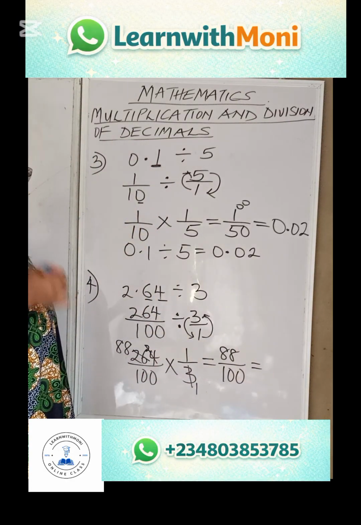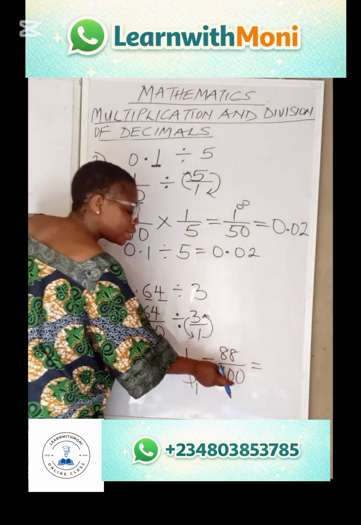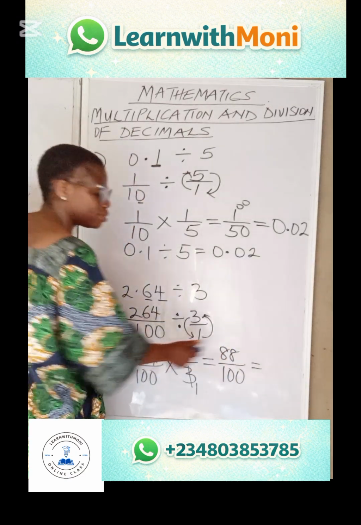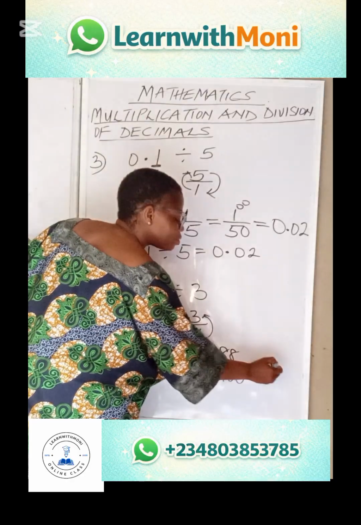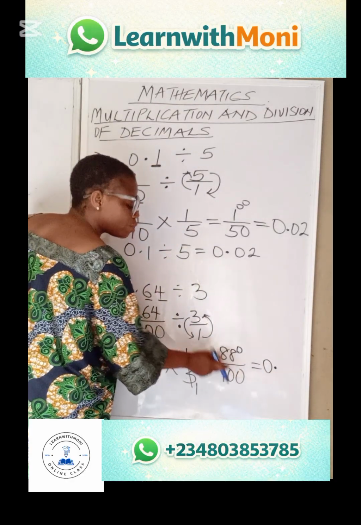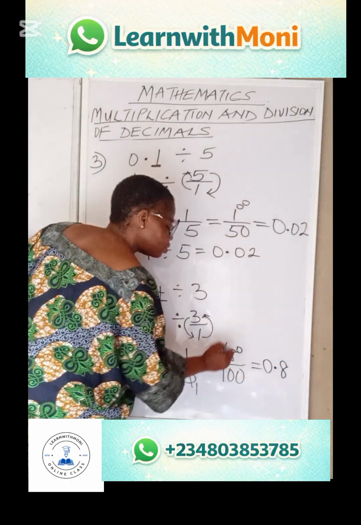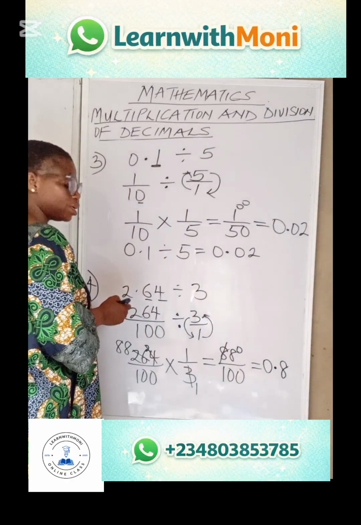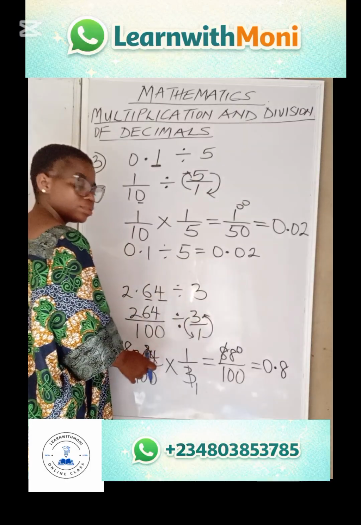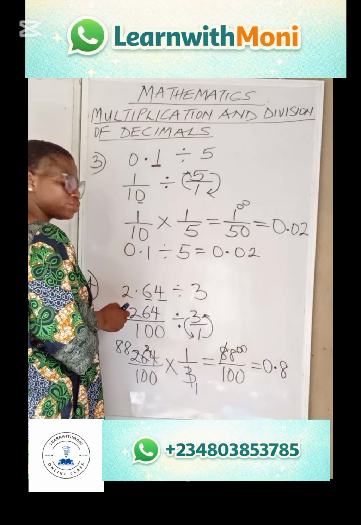88 over 100 is 0.88. How many 100 is there in 88? 0. I'll put an invisible 0. How many 100 is in 880? That is 800. 8. The 800 is no more there. We are left with 80. Putting an invisible 0 behind that 80, it is now 800.